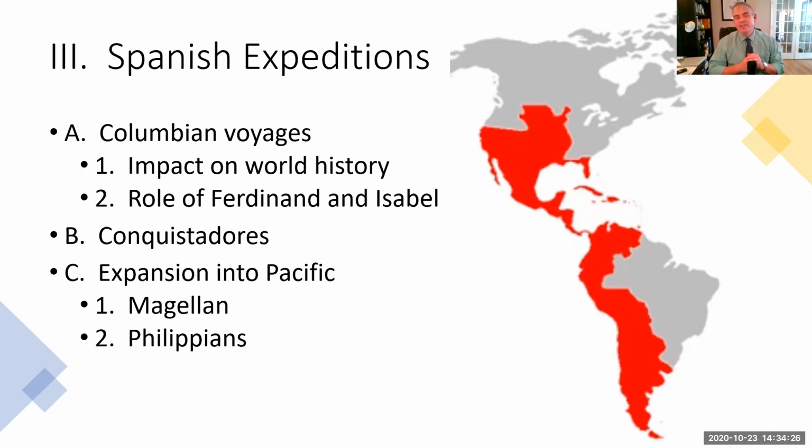Lastly, the expansion into the Pacific. So, a series of expeditions under the leadership of Magellan leave Spain in about 1519. And they begin the process of going down the South American eastern coast because they want to find that all-water route to India. And eventually, the expedition goes around the Cape, or the tip of South America.